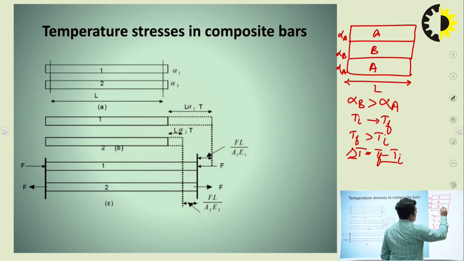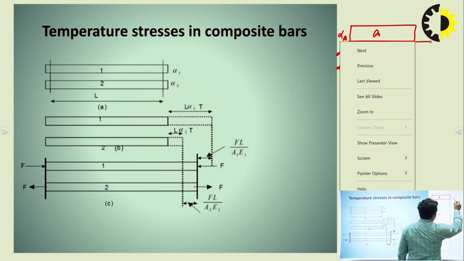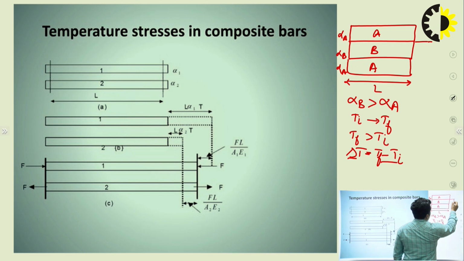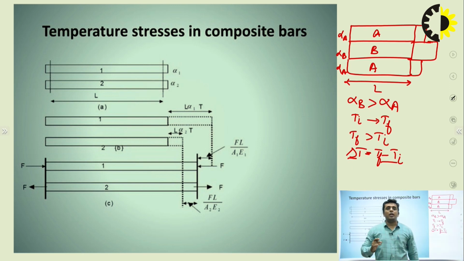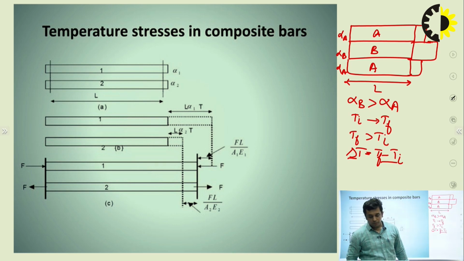Means if I draw an expansion diagram, I can say material B is expanded more, but material A is expanded less as compared to B, only because the material with greater alpha is going to expand more.